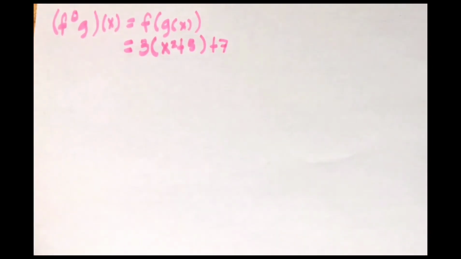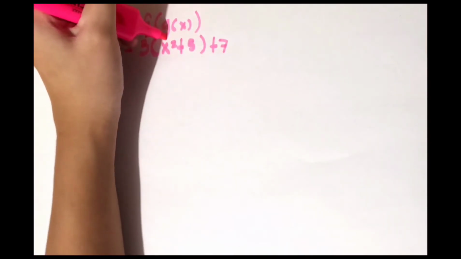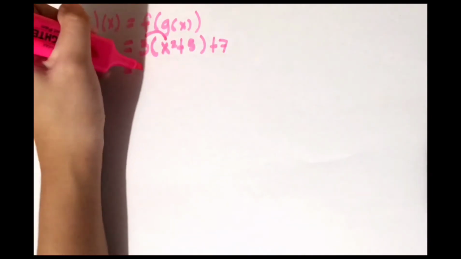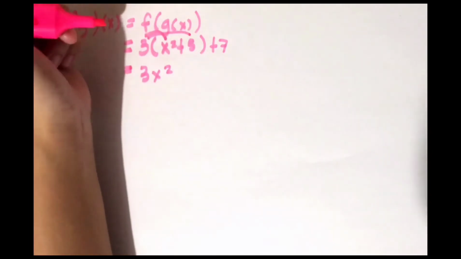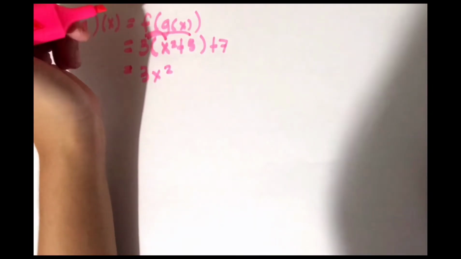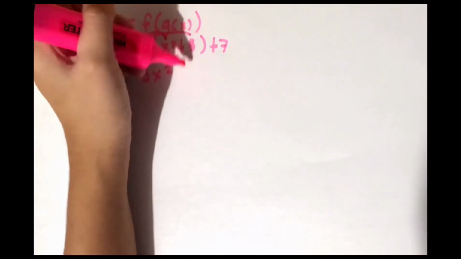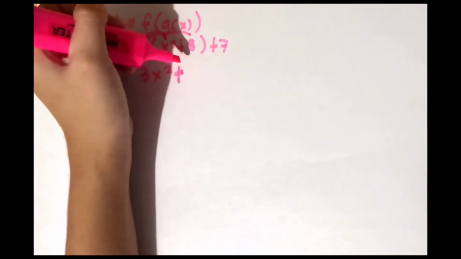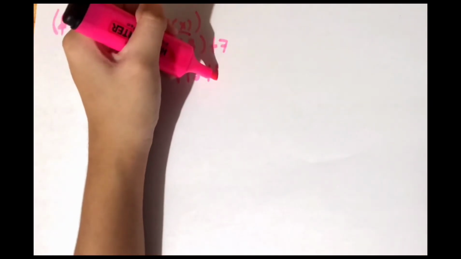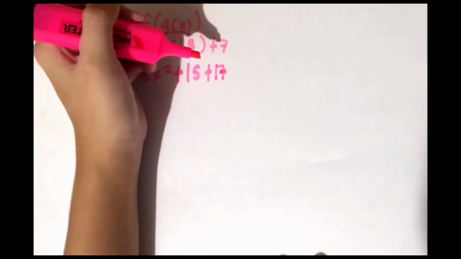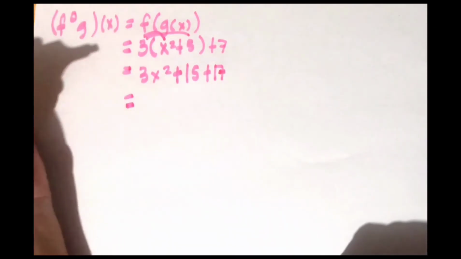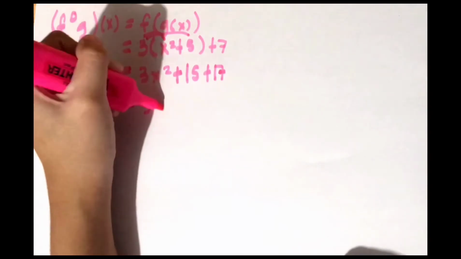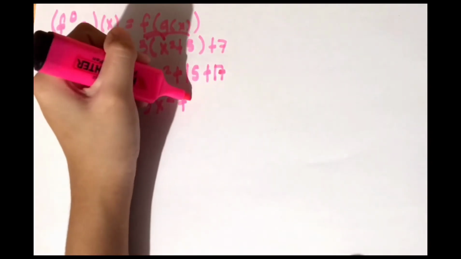Use the distributive property to remove the parentheses. 3 times x squared is equal to 3x squared. 3 times 5 is equal to 15 plus 7. Our answer for letter A is 3x squared plus 22.